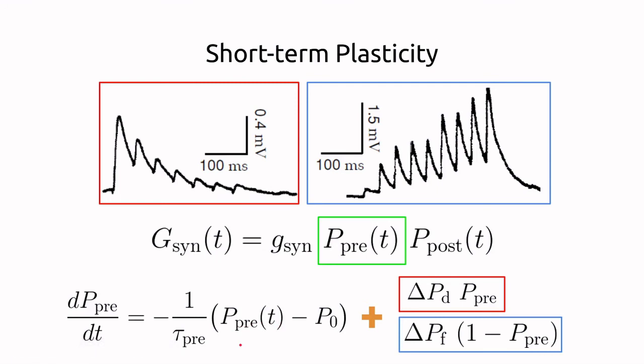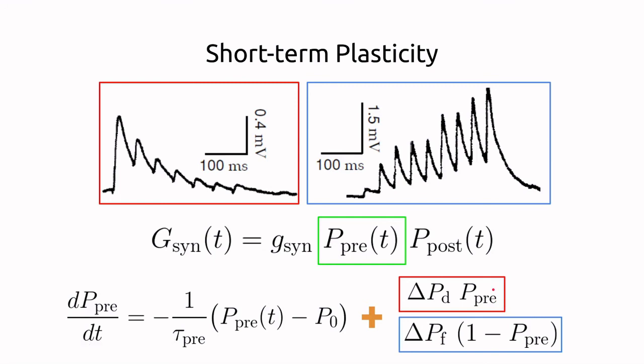Whenever the presynaptic neuron spikes, the probability of release is incremented by some value, and that in turn affects the conductance. That number will be a constant, delta P_D for depression, delta P_F for facilitation, multiplied by a function of the probability of release.